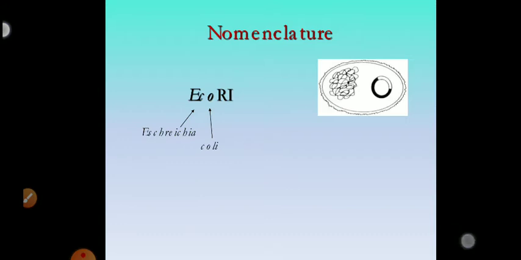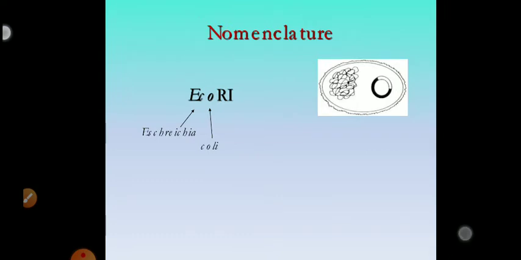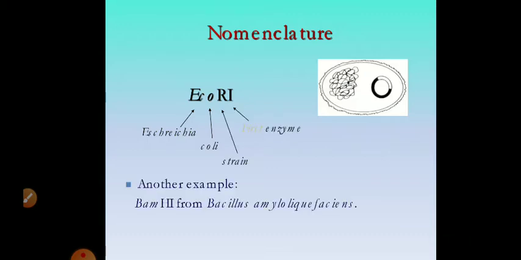Next time we will discuss blunt end ligation. So what are restriction enzymes? Restriction enzymes are nucleases which cut the DNA at a particular site and bring about fragmentation of DNA.